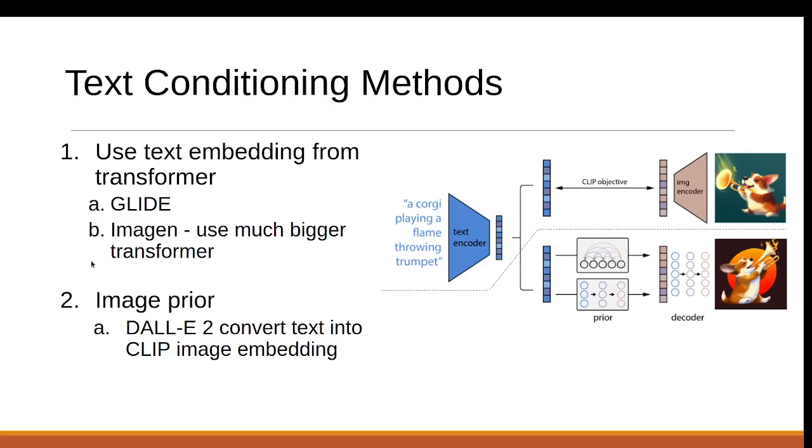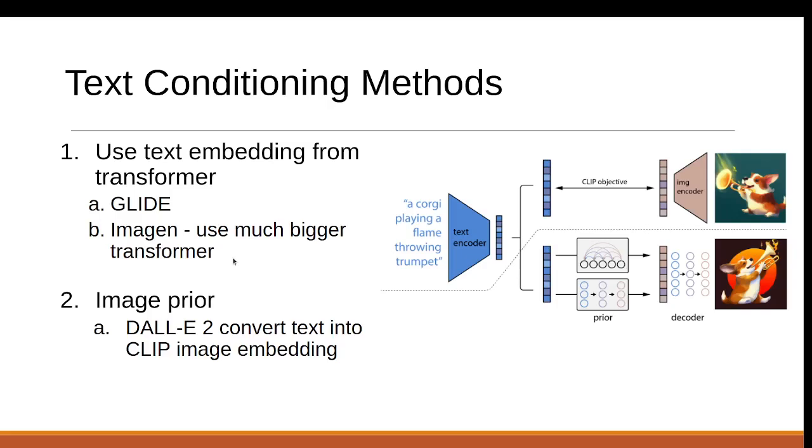DALL-E 2 claimed to beat GLIDE using a different method, but later Imagen beat both of them. Imagen uses a very similar architecture, and the method is very similar to GLIDE. It also uses a transformer to create this text embedding.